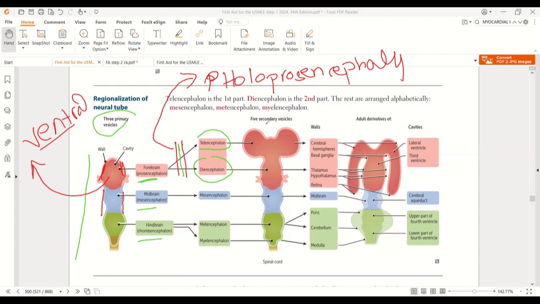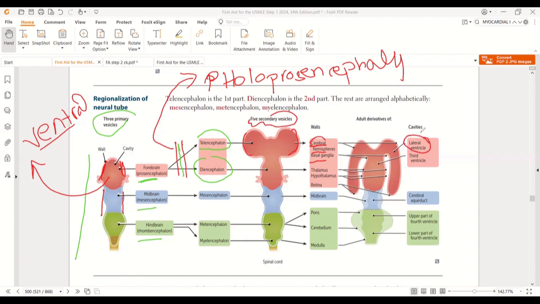Okay. So of these five secondary vesicles, the wall of the telencephalon gives rise to the cerebral hemisphere and the basal ganglia. And the cavity of the cerebral hemisphere and the basal ganglia is the lateral ventricle, right?